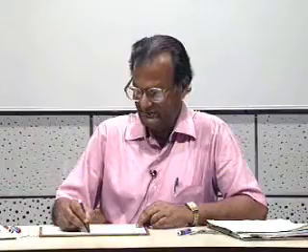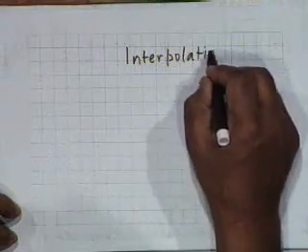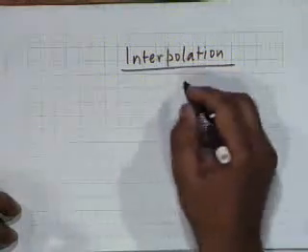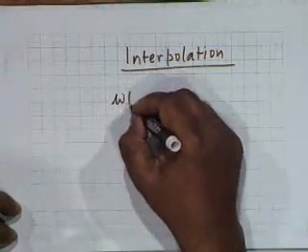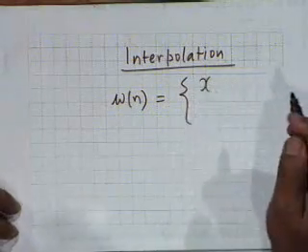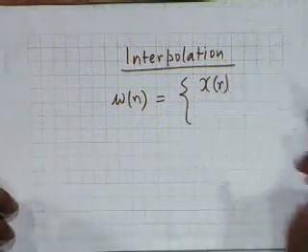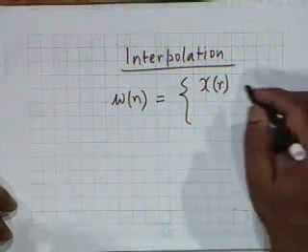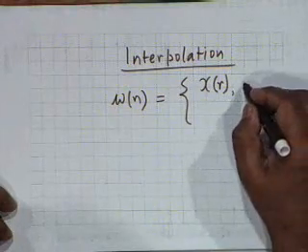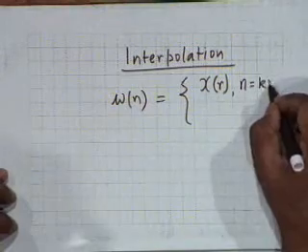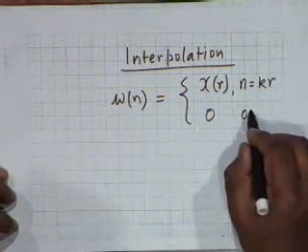And like DTFT, there is also a theorem for interpolation. Interpolation theorem is stated like this. Consider a sequence w of n which is derived from a sequence x of n by this relation, that is w of n is x of n by k, if n equals kr, and it is 0 otherwise.